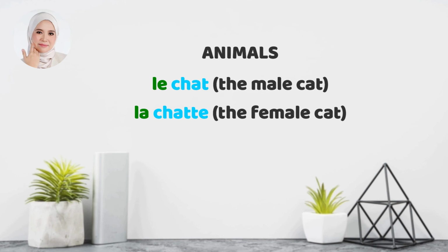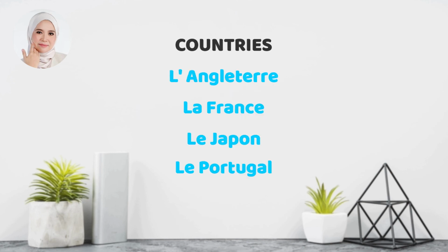How about animals? Animals that can have both genders. Example here, you have le chat means the male cat. La chatte means female cat. Countries have genders too. For example, you have England, l'Angleterre. It is a feminine country since it ends with the letter E, but it starts with the vowel A. So we put L apostrophe.